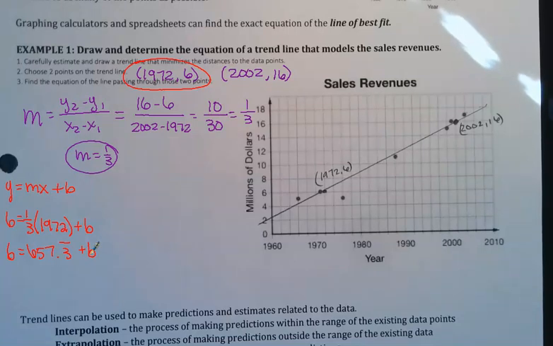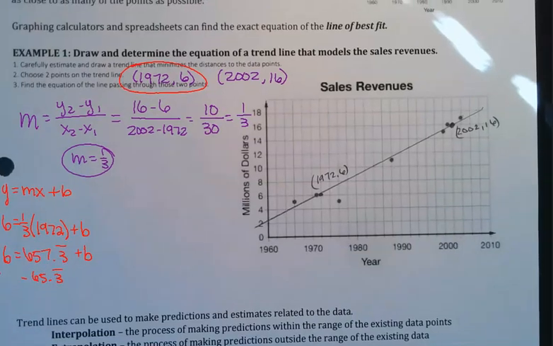There is no Y. We subtract 657.3 repeating from both sides.